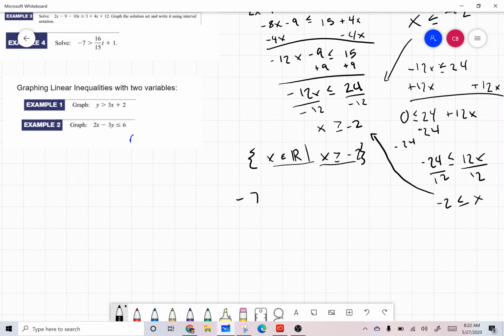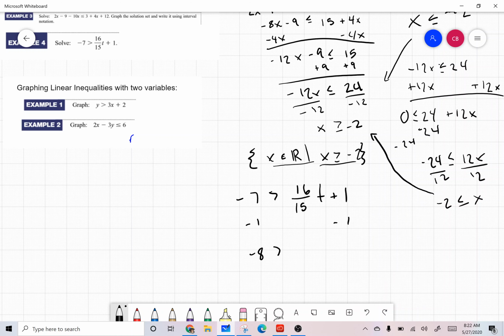We have negative 7 is greater than 16 over 15 t plus 1, which means I'm going to subtract 1.